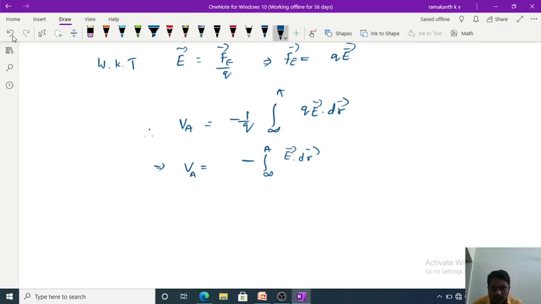Therefore, electric potential at any point in an electric field is given by minus integral from infinity to A of E bar dot dr bar.